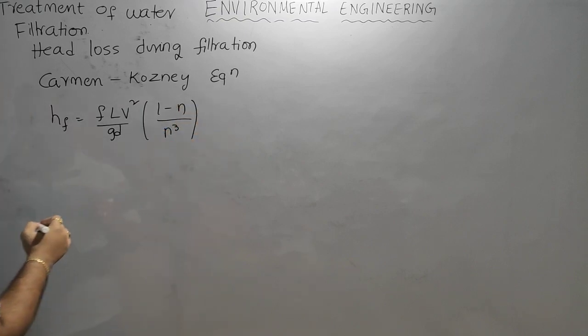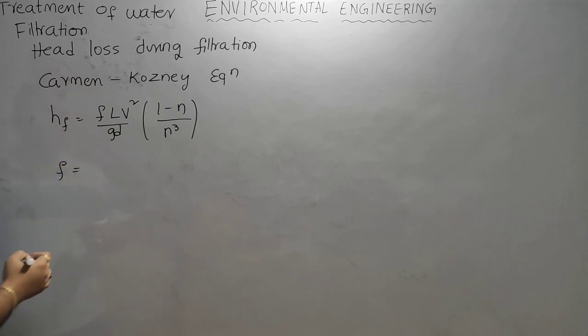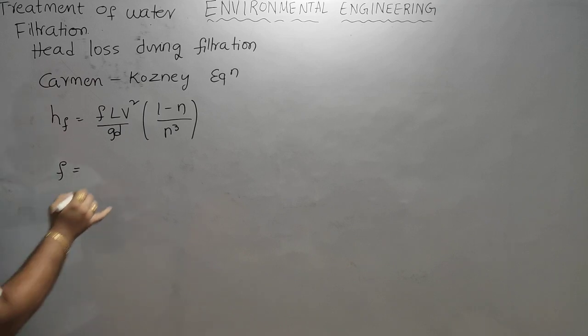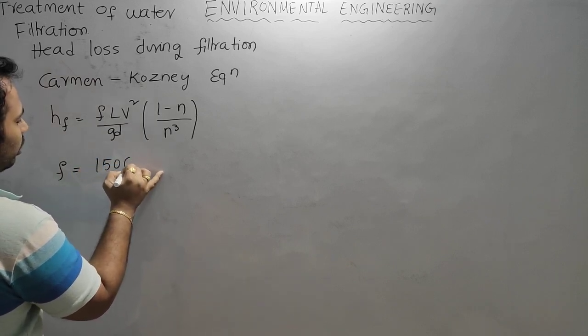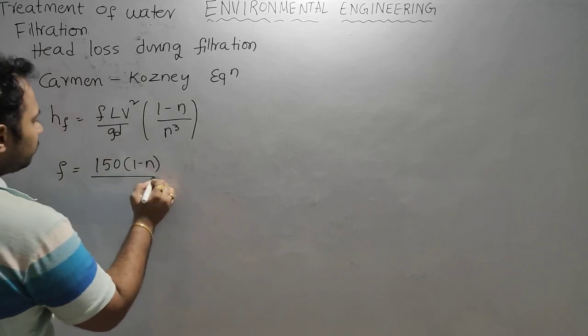These are all empirical formulas. We need to learn them by heart along with the terms given. F is equal to 150 into (1 minus N) by Re plus 1.75.